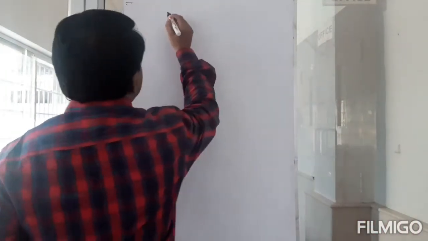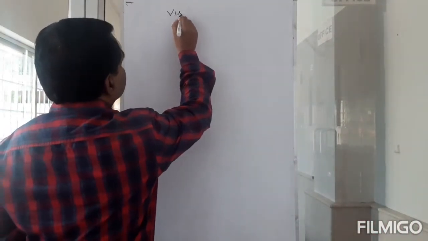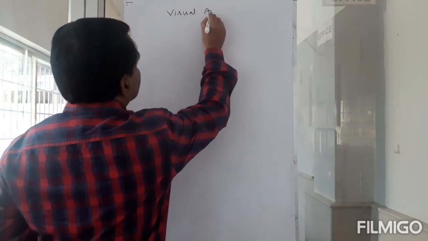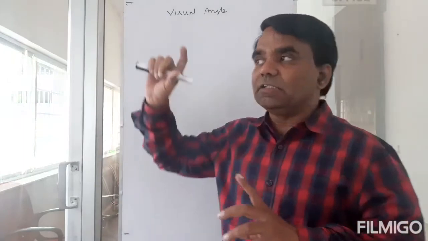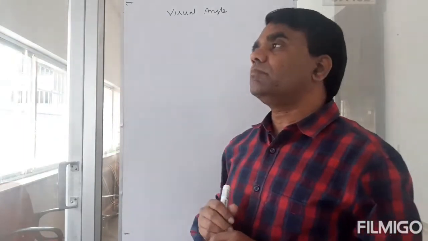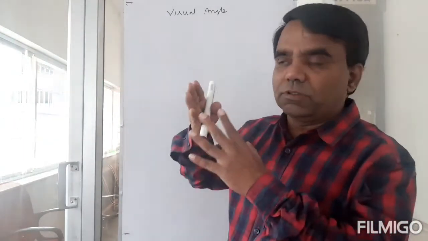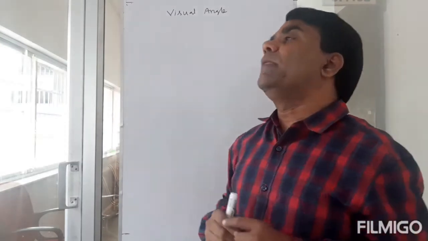I'm going to call that the visual angle. So the visual angle is the angle the object makes inside the eye, and that will also be equal to the angle outside the eye.